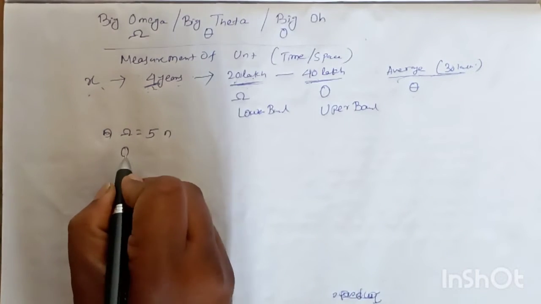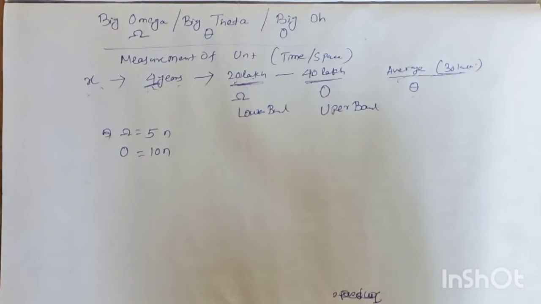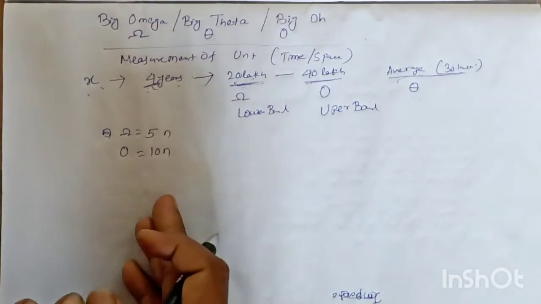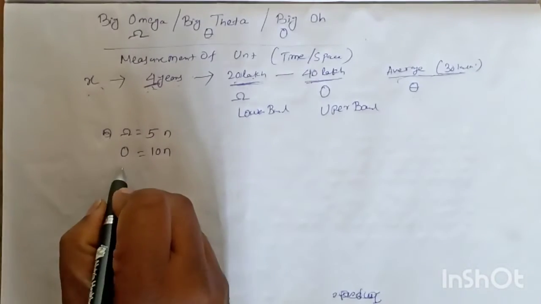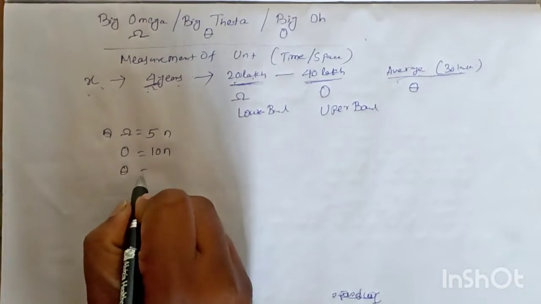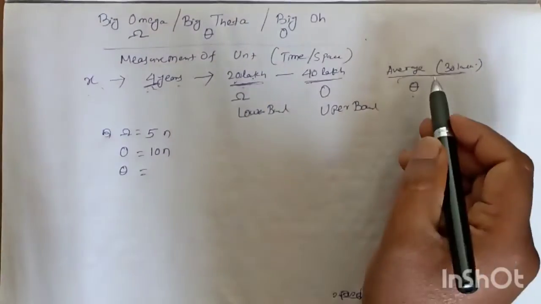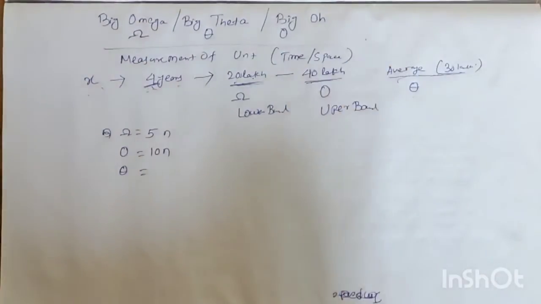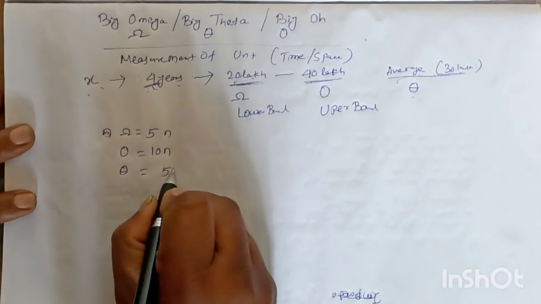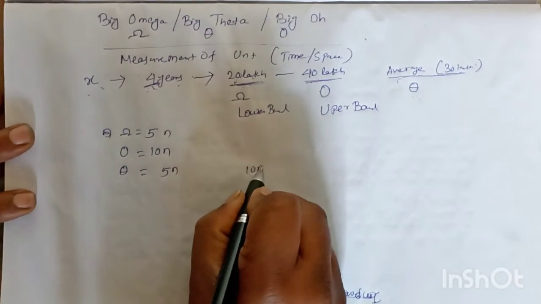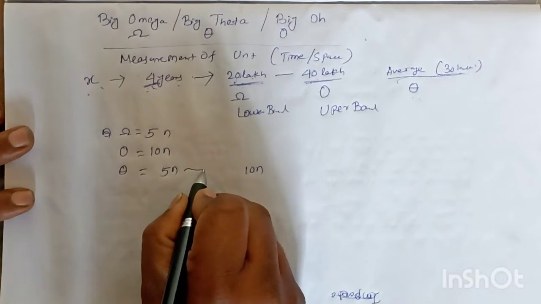Let's say O is 10n. For theta, it is not saying that it will be 7.5n. Theta tells that it is in between 5n and 10n. So it will lie in between.